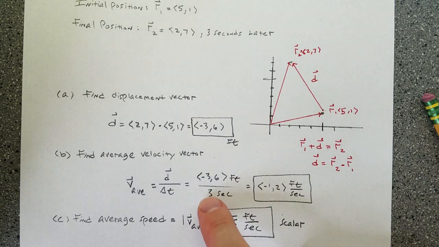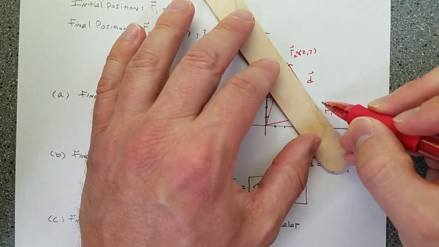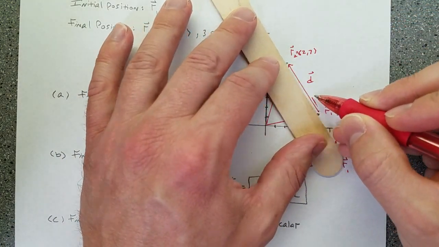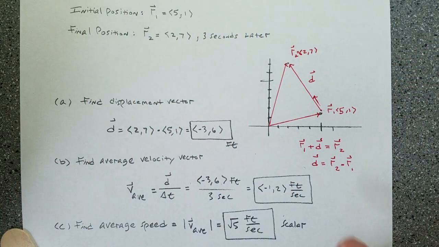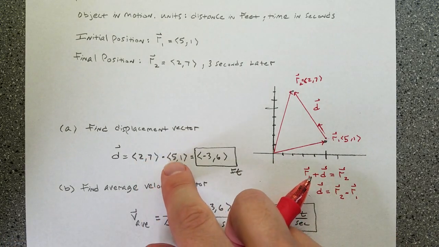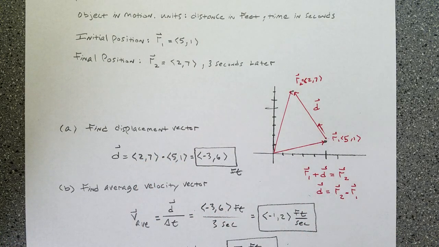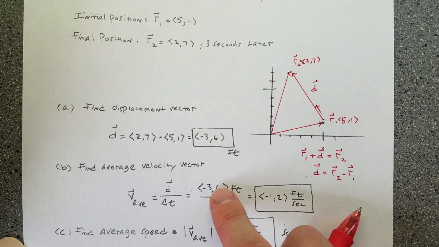It's just, in my case, a third as big. Always think about it like this: the displacement is the change in your position. It's the final position minus the initial position in terms of vectors. And the velocity is the displacement over time.